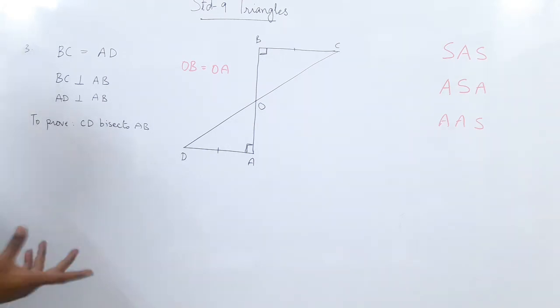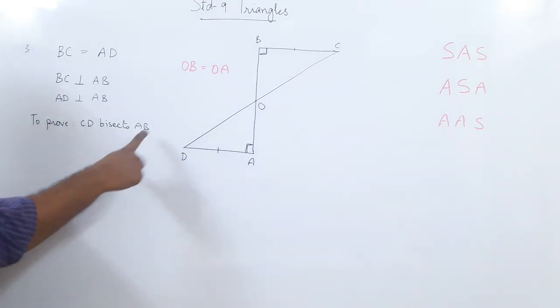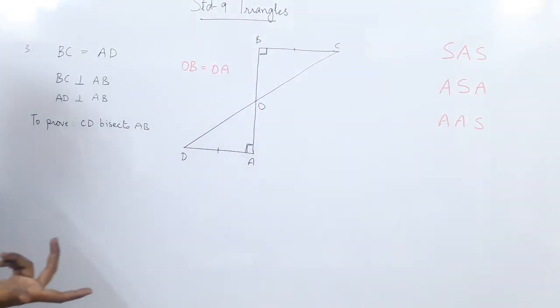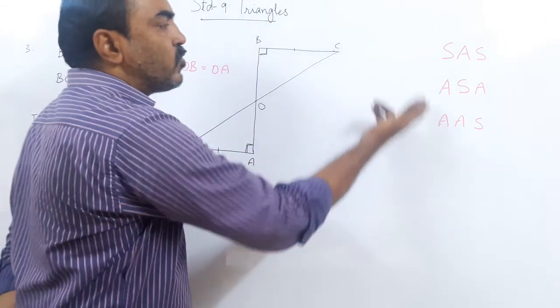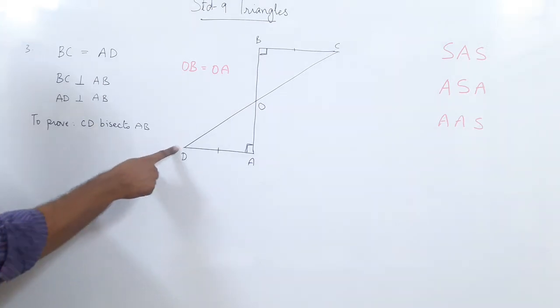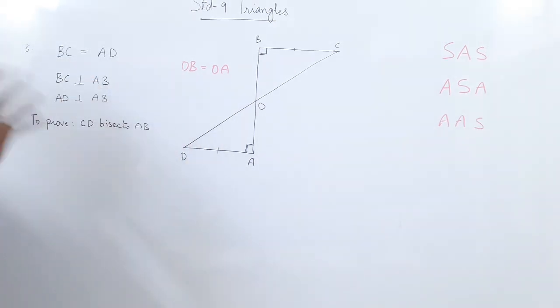Okay. Now they have not told us which triangles to take. So now we have to think logically. To prove CD bisects AB or to prove OA equal to OB, which triangle we should take, which correspondence we should take, which axiom or which theorem we should take. So now these are the logical parts, you cannot learn this. You have to try to see the sum and understand. So what is given to us? Let us see.